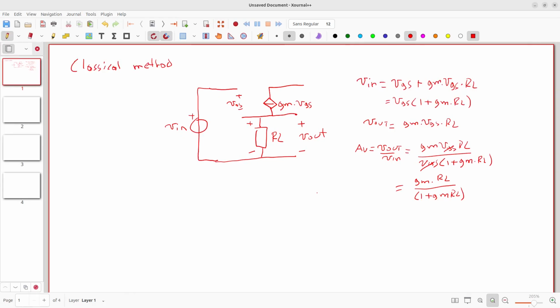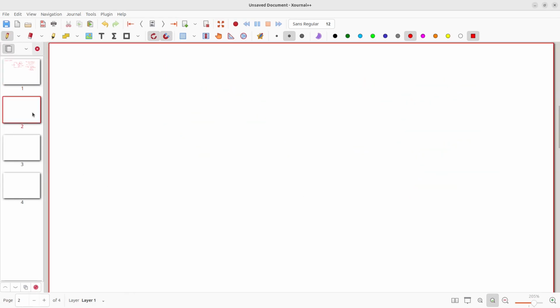Okay, so let's take a look at the position of the capacitors, and then we can draw the circuit again very quickly.